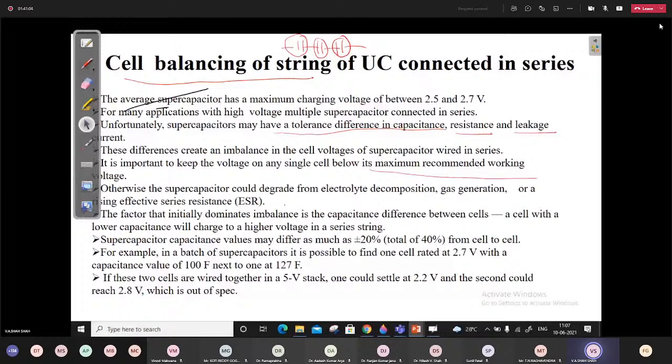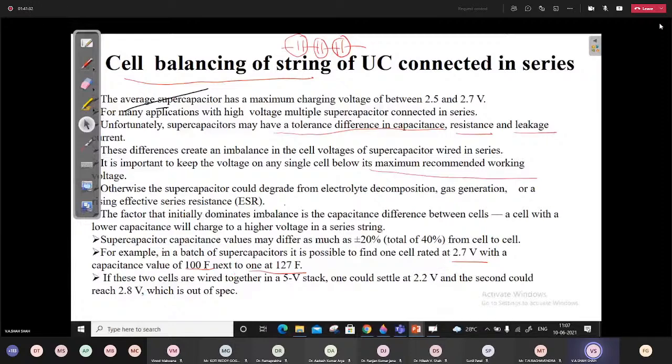Usually the capacitance value may differ by as much as plus or minus 20% from cell to cell. For example, in a batch of supercapacitors, it is possible to find one cell rated at 2.7 volt and 100 farad, and next to it one of 127 farad.